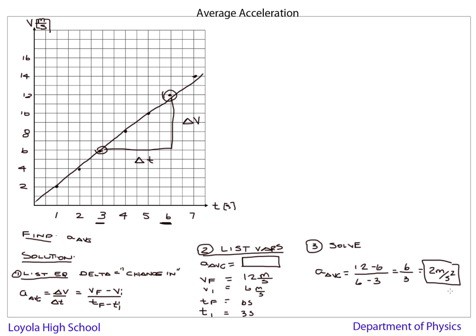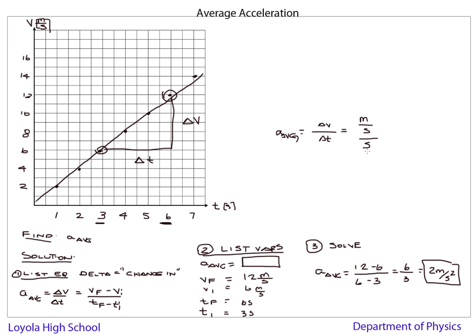One last note: this meters per second squared, where does that come from? If you take a look at what units we're dividing by, the average acceleration, AVG, is the change in velocity over the change in time, which is a meter per second divided by a second.